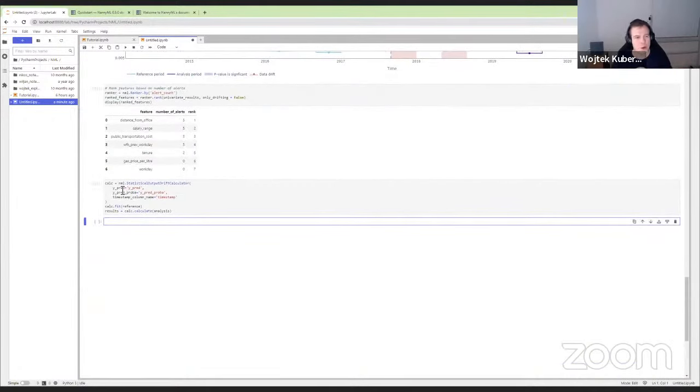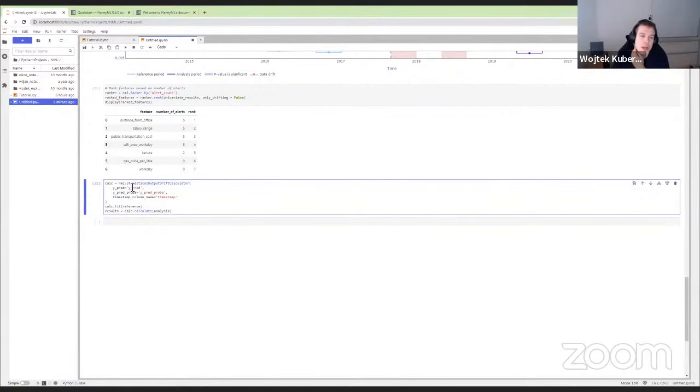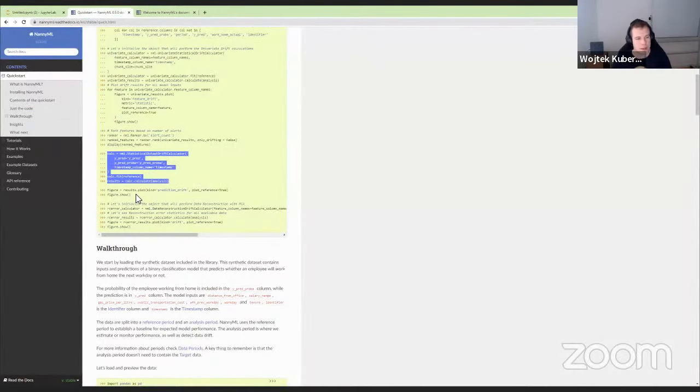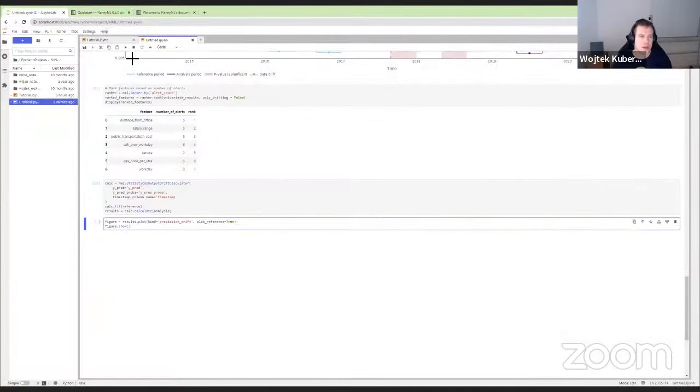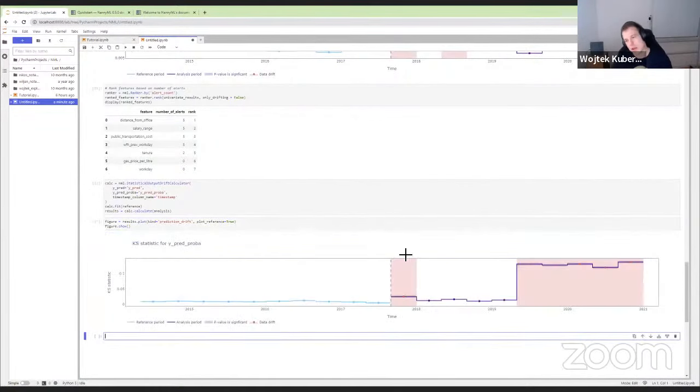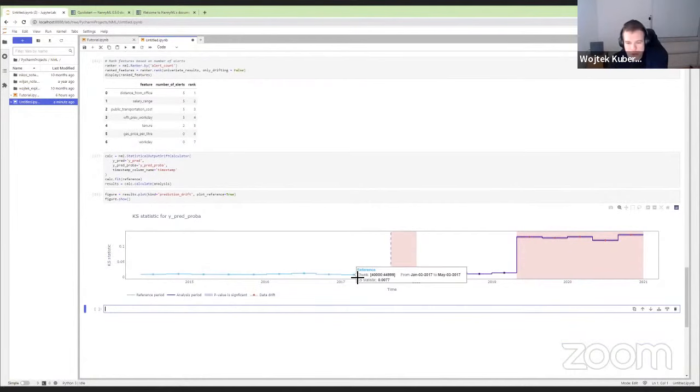As always, same kind of interface when we're looking at the predicted probabilities, and we're just fitting those and then calculating those. Now we're going to show the feature, and we'll see just one simple, similar by now, hopefully, plot where we see whether there is a change in the distribution of model outputs.